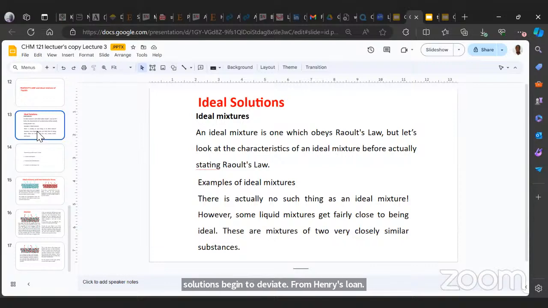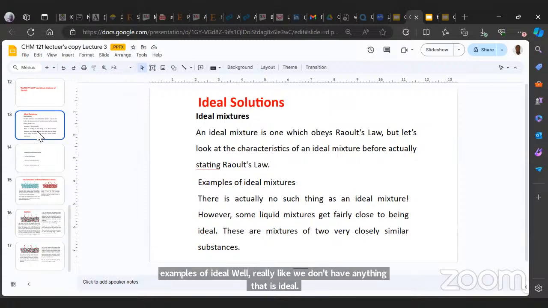Whereas ideal mixtures, okay. So what is an ideal mixture? What are examples of ideal mixtures? We say dilute solutions obey Henry's law. Ideal mixtures obey Raoult's law. Really in life, we don't have anything that is ideal, but some liquid mixtures get close to being ideal.